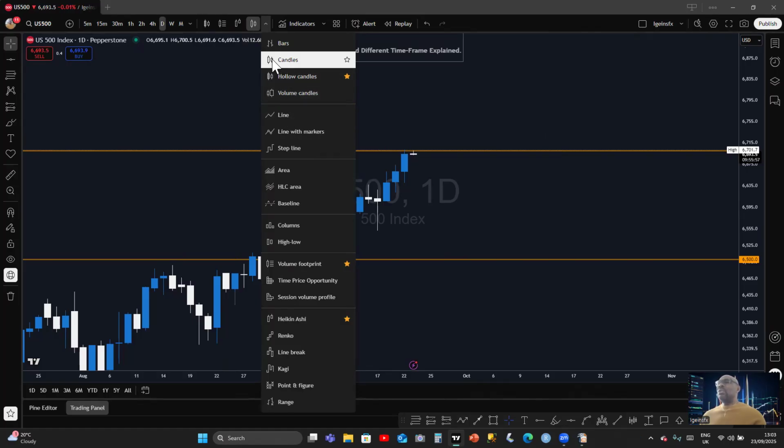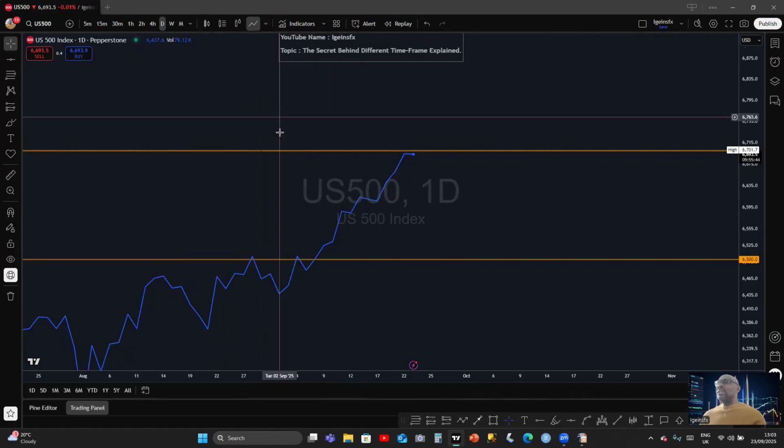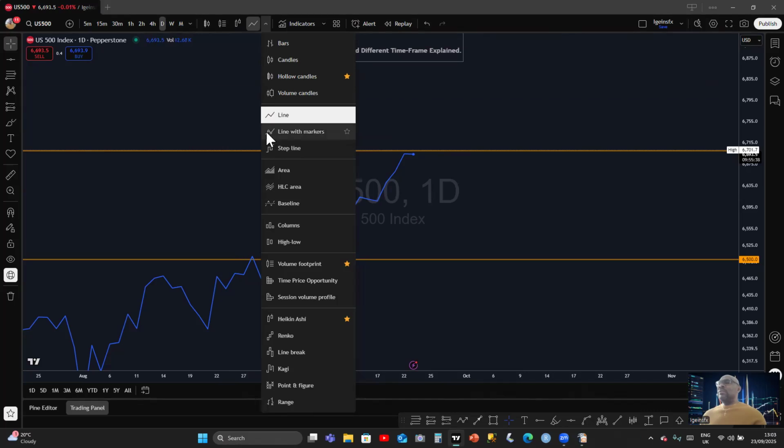The one that I'm using is candlestick. If you want to use line, you can click on it and the chart will turn to line like this. If you click on another one, you will see different types.